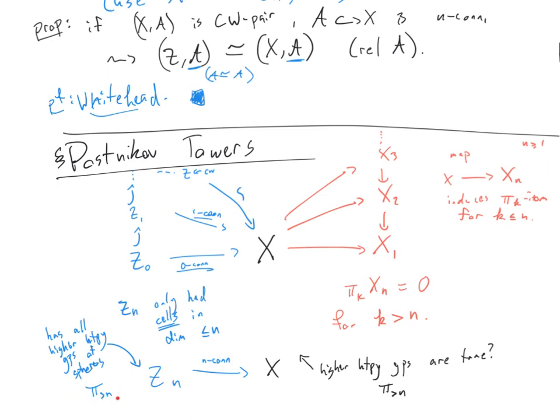There's like garbage galore that we have to come along and kill later on by attaching tons and tons and tons of cells. Now, the final nice thing on the right is, in fact, we're going to construct these by making all of these maps inclusions. So not the maps down in the tower, but we're going to build X1 and X2 and X3 by attaching cells to X.